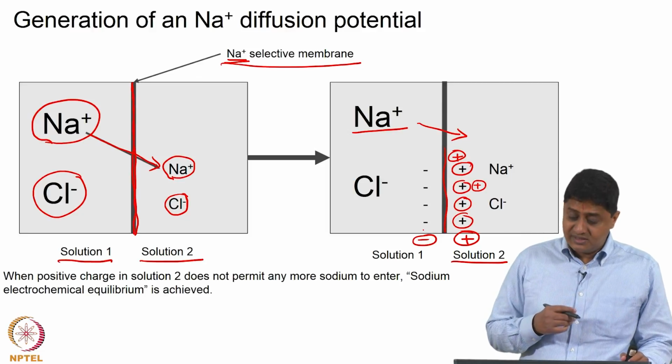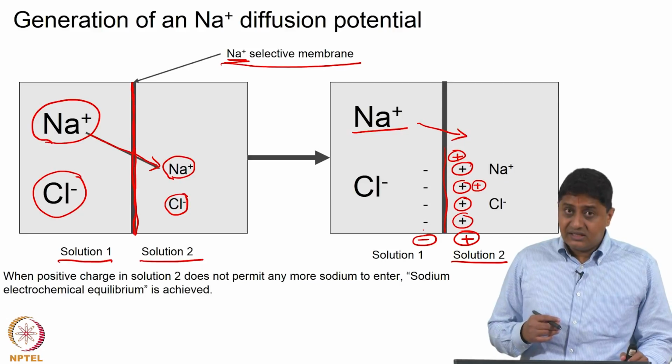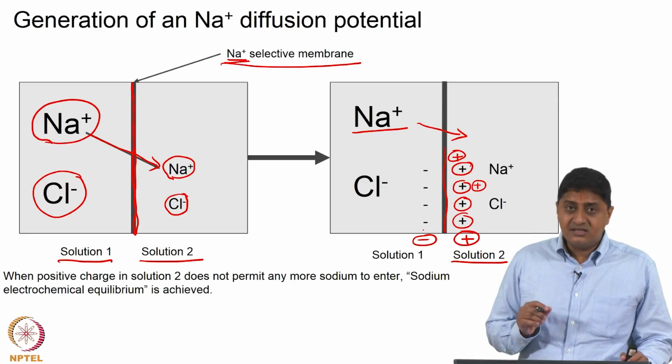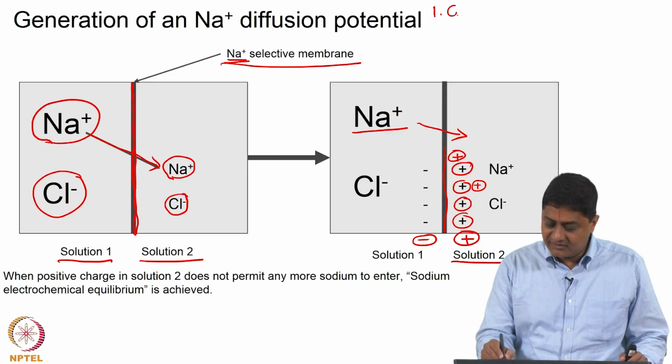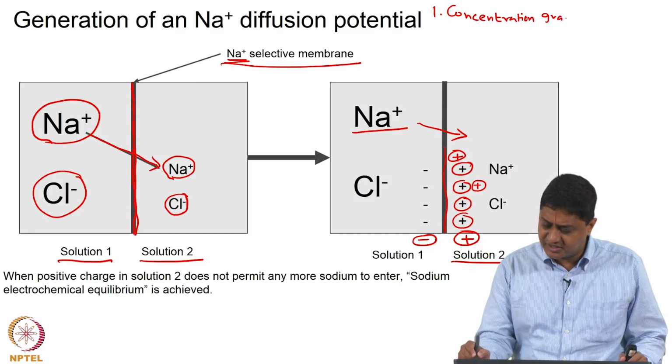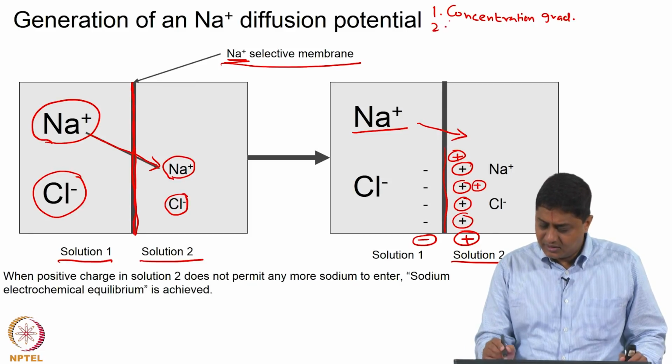Now, in this case the transport of the ion is governed by two forces. One is the force due to the concentration gradient, and the other is the force due to the potential gradient.